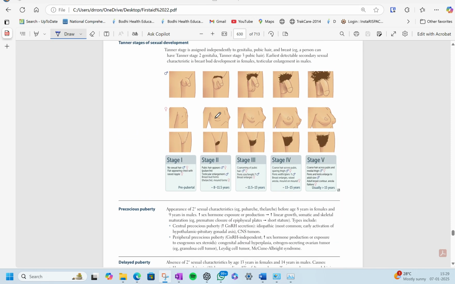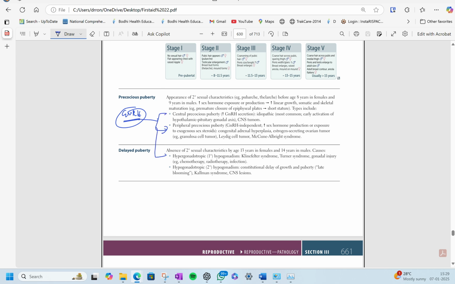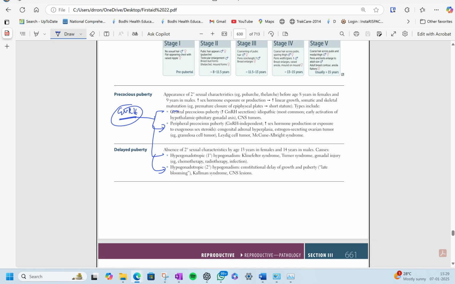The easy way to think of puberty is that it is GnRH driven. So if you have an abnormal GnRH pulse, then you have a hypothalamic imbalance. Central precocious puberty is increased GnRH, and peripheral precocious puberty is GnRH independent.